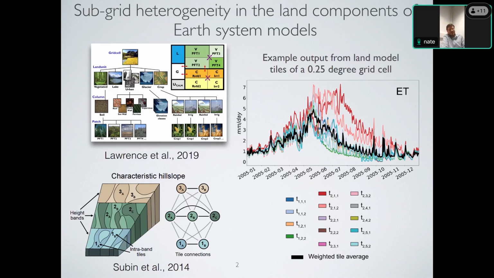Each of these tiles is a histogram or cluster within that grid cell, and each is run fairly independently, fed some meteorology from the atmosphere, and produces its own surface fluxes in most land surface models. Then the fractional coverage is used to aggregate those surface fluxes into what you see as the black line. Historically, that black line is what we feed as a boundary condition into the atmosphere. That is true for sensible heat flux, latent heat flux, etc.